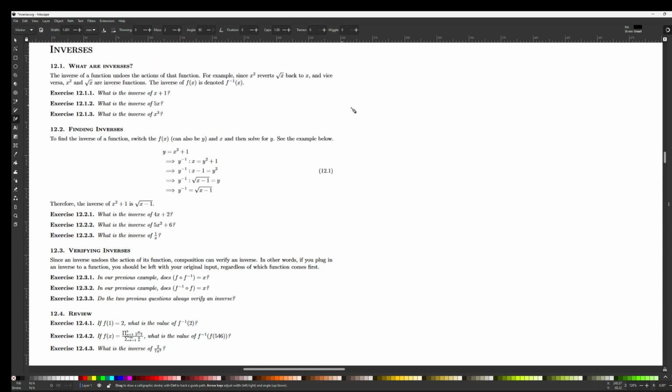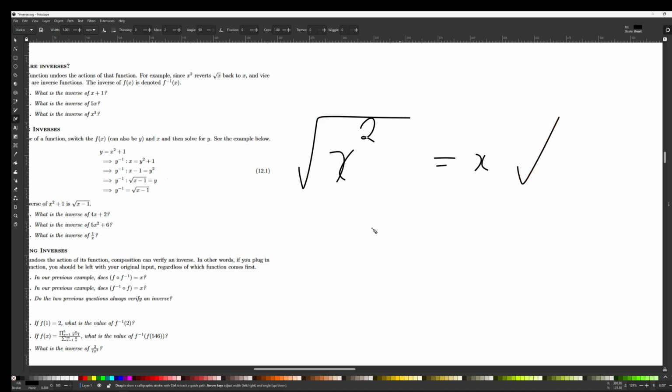So if we did x squared, and we think the square root of x is our inverse, we have to try taking the square root of x squared, and if that's equal to x, that passes the first test, and then we try it the other way. So we're going to take the square root of x, and then square that, and if that's equal to x, we pass the second test.